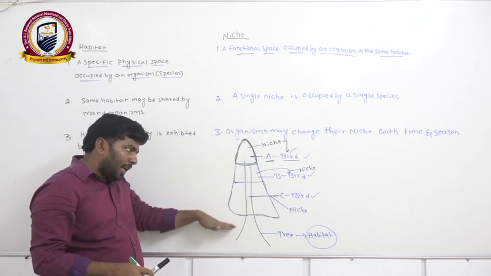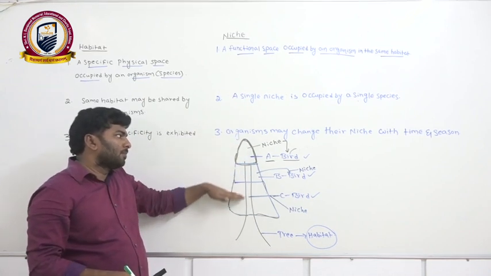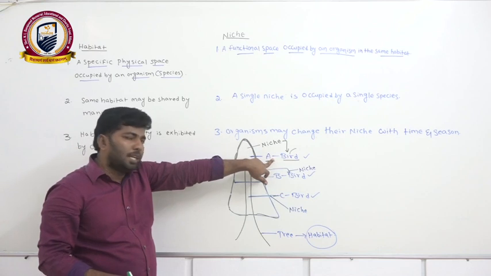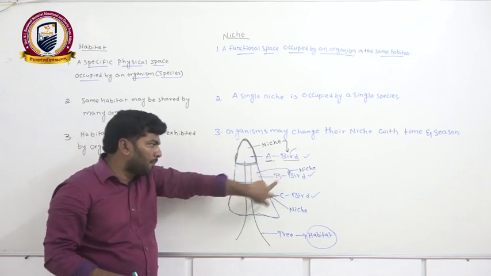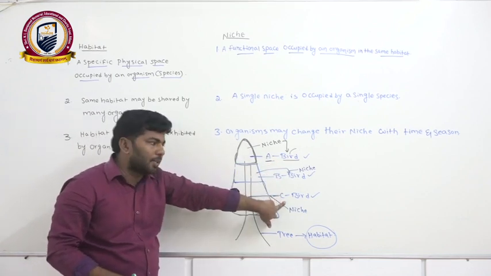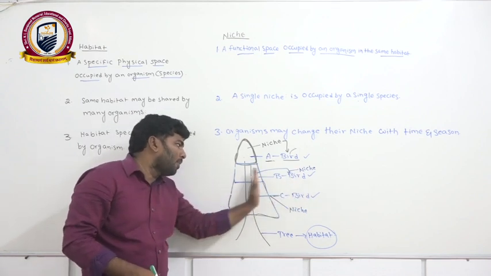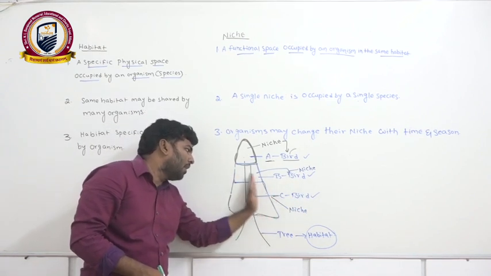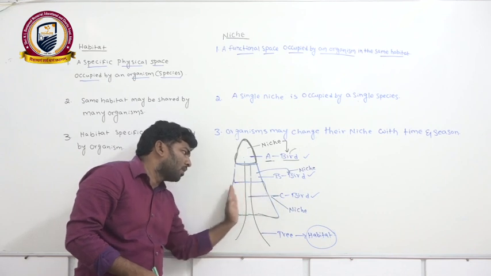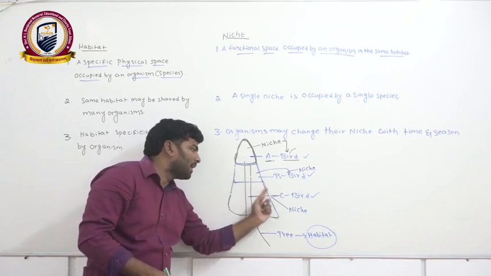Same tree, but three parts: part 1 is the niche for A birds, part 2 for B birds, part 3 for C birds. The C birds occupy this area to get their food, to do their work, to reproduce, to survive. They selected this area.